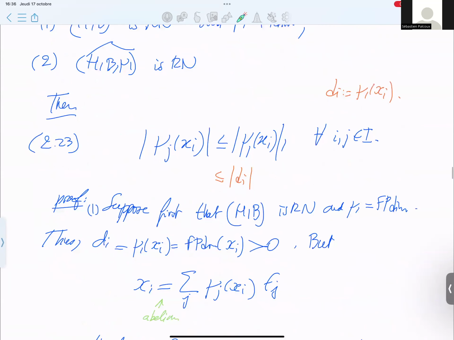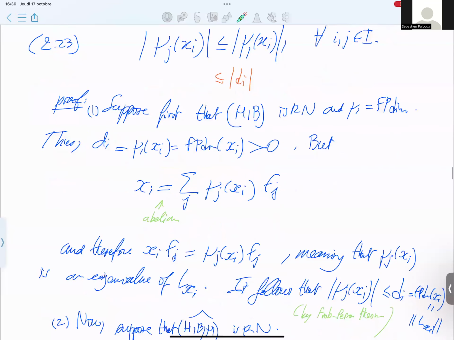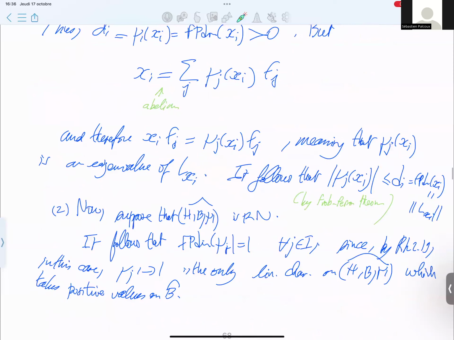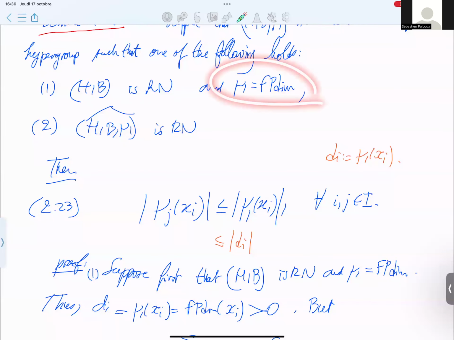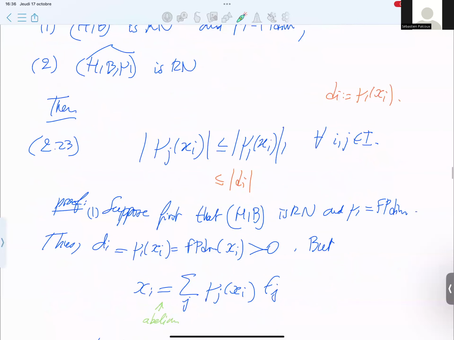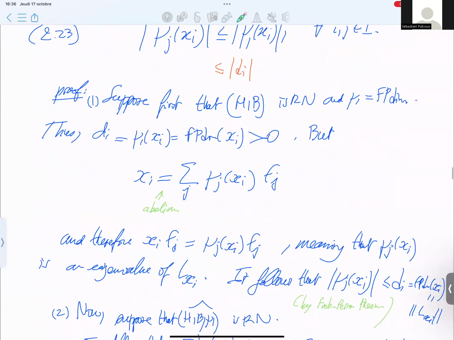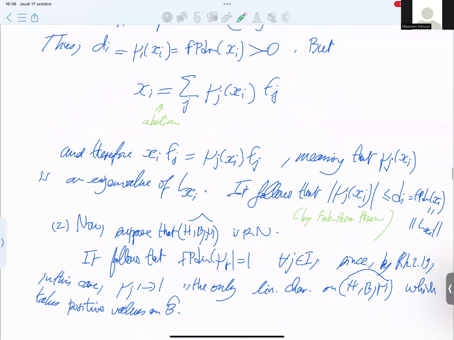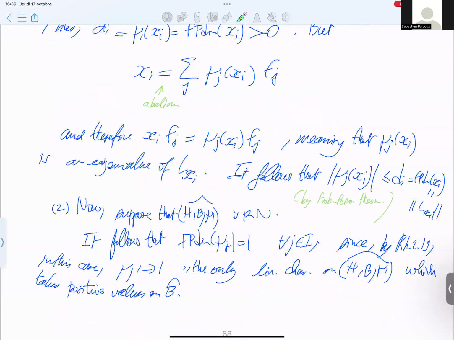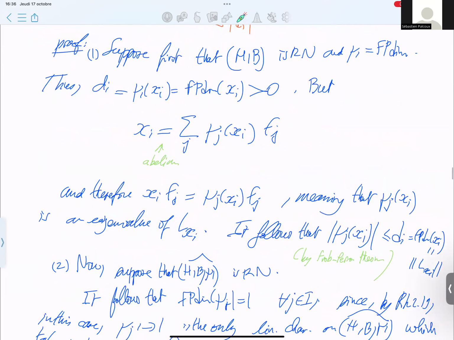So can I catch some idea in the proof? The first case, you assume it is Frobenius per dimension and real non-negative.